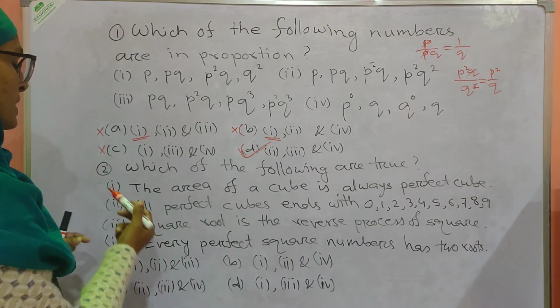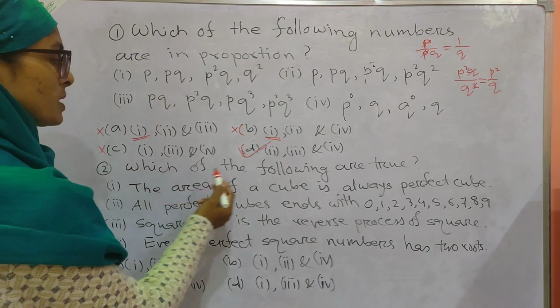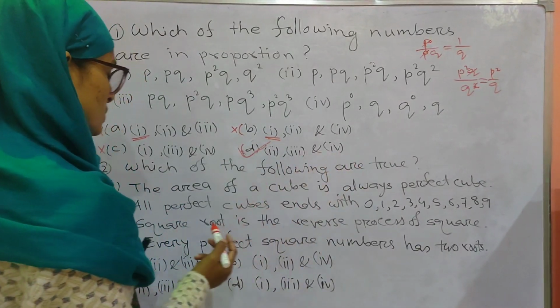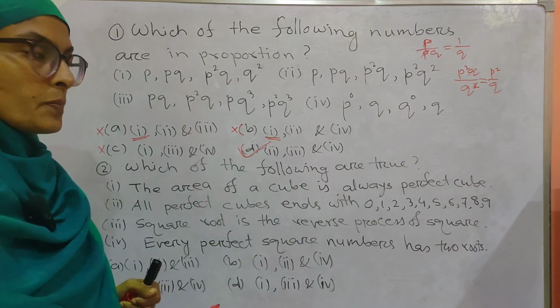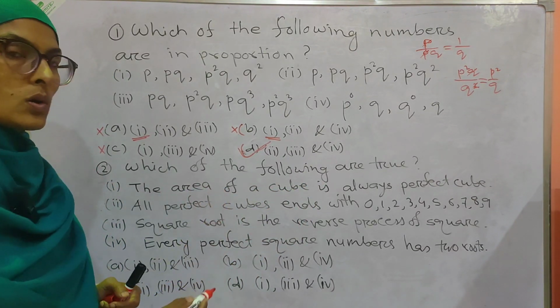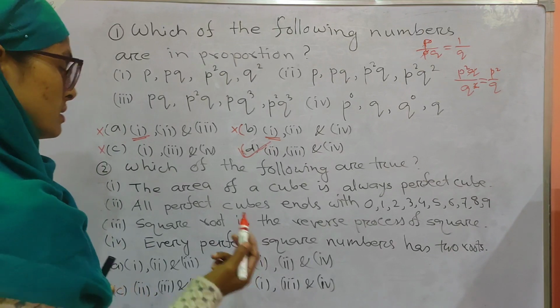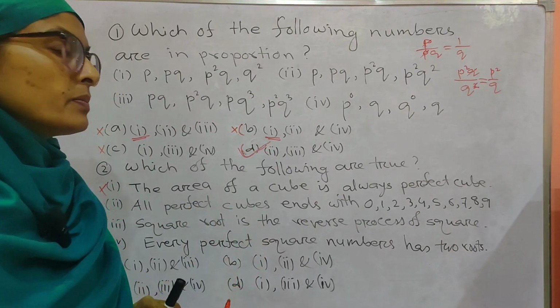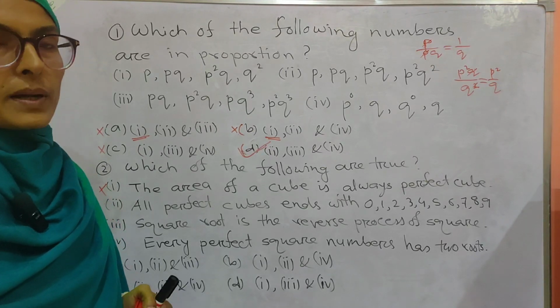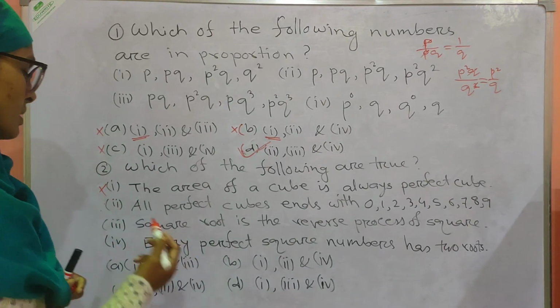Remember this one. The question is, which of the following are true? The area of a cube is always a perfect cube. This one is not true. The area of a cube may or may not be a perfect cube.